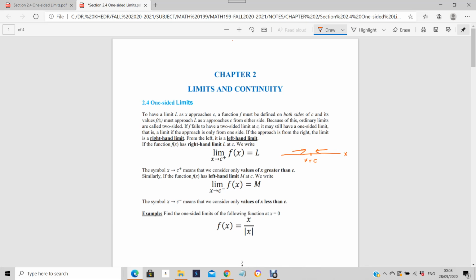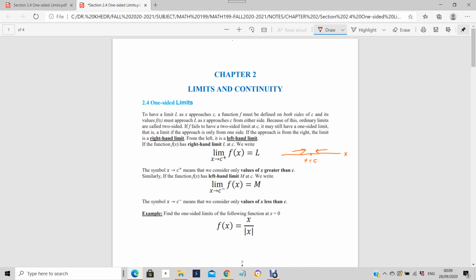This is from the right side and this is from the left side. So if x is going closer to C from the right side, then we will say lim f of x as x approaches C plus, and if the limit is L, we write it L. If the function has a limit m as we approach x from the left side, then we will write lim f of x as x goes to C, and we write minus.